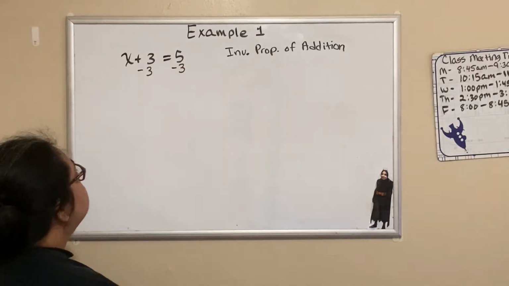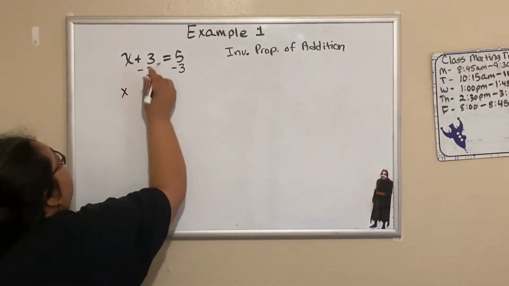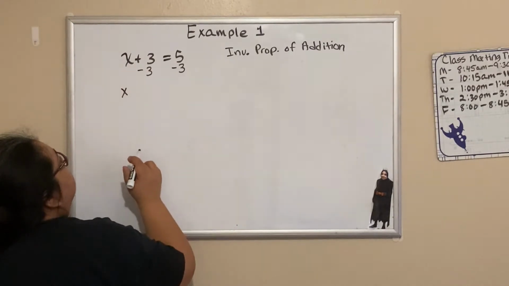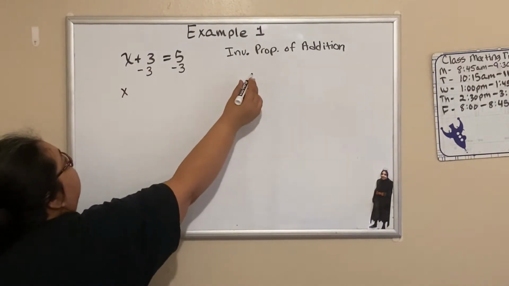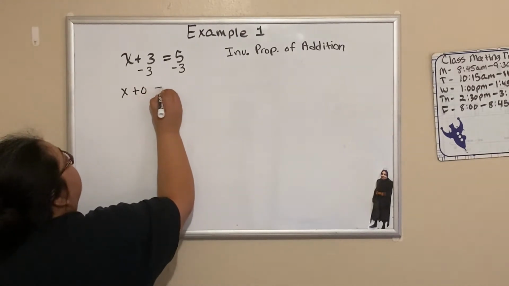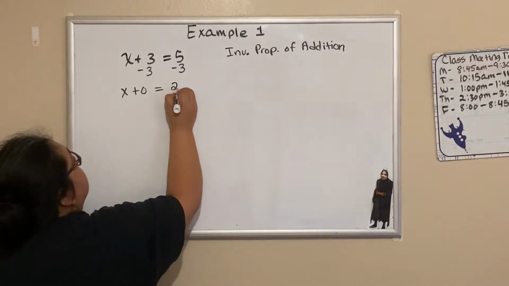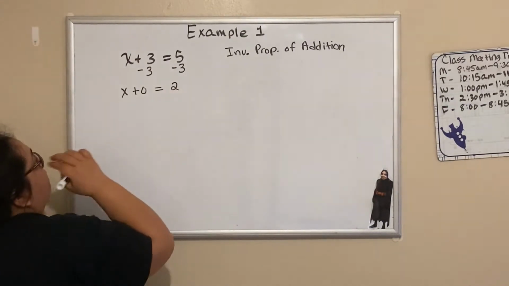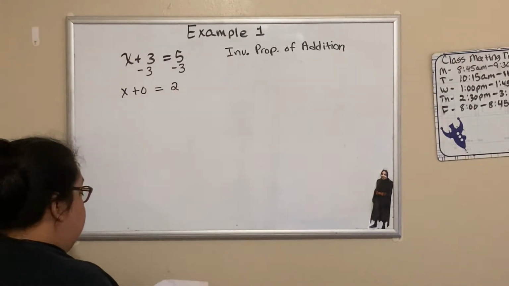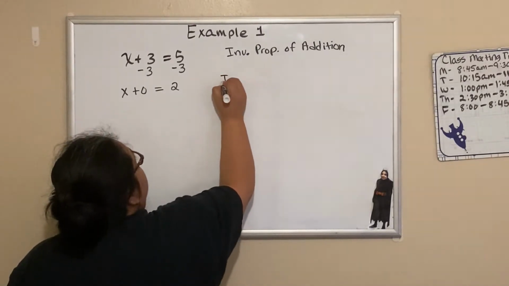Okay, so I have x, and then 3 minus 3 is going to be 0 because of our inverse property of addition. So we're going to put plus 0 right here equals 5 minus 3. 5 minus 3 is 2. Now, we have x plus 0, so we can use the identity property of addition.